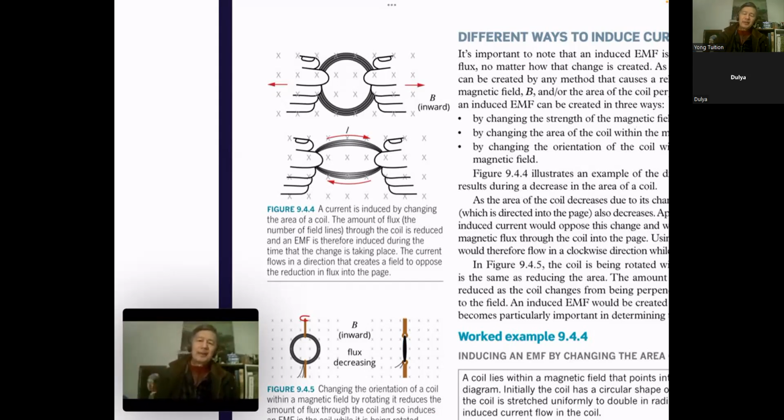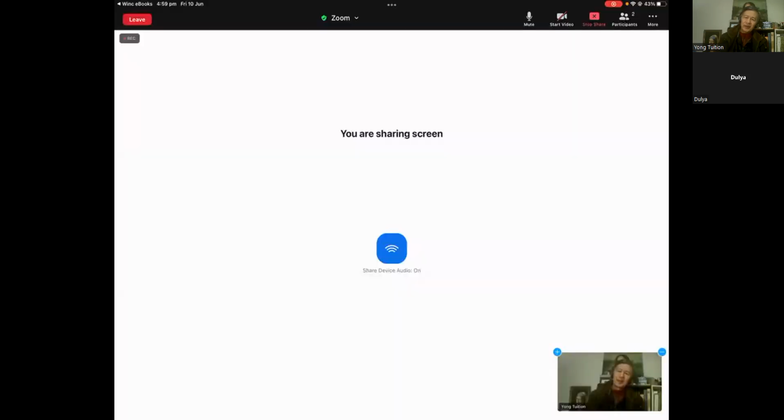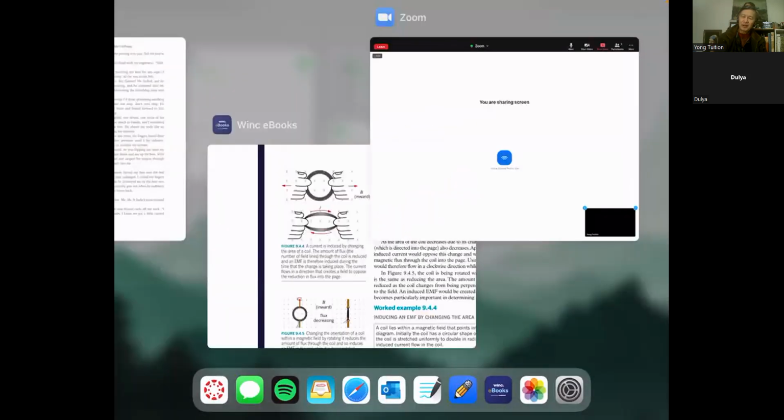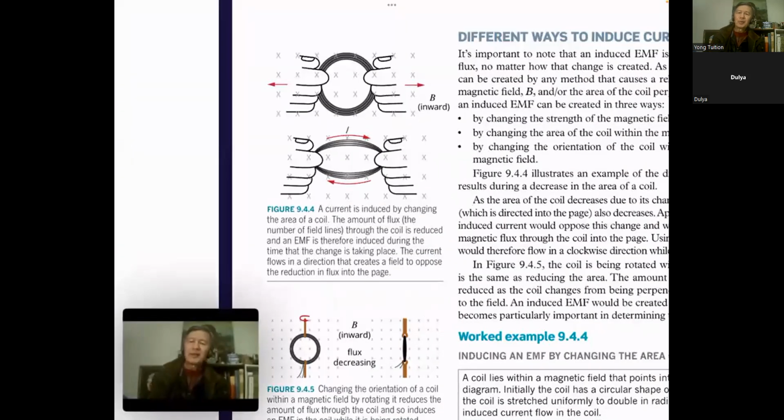Magnetic flux is the product of area and the magnetic field. In this case, the magnetic field is constant, but the area is decreasing. Therefore the flux is decreasing, right? According to Faraday, there must be some induced voltage, hence induced current. Now, according to Lenz's law, what would be the direction? How can the induced field stop the change in the magnetic flux?